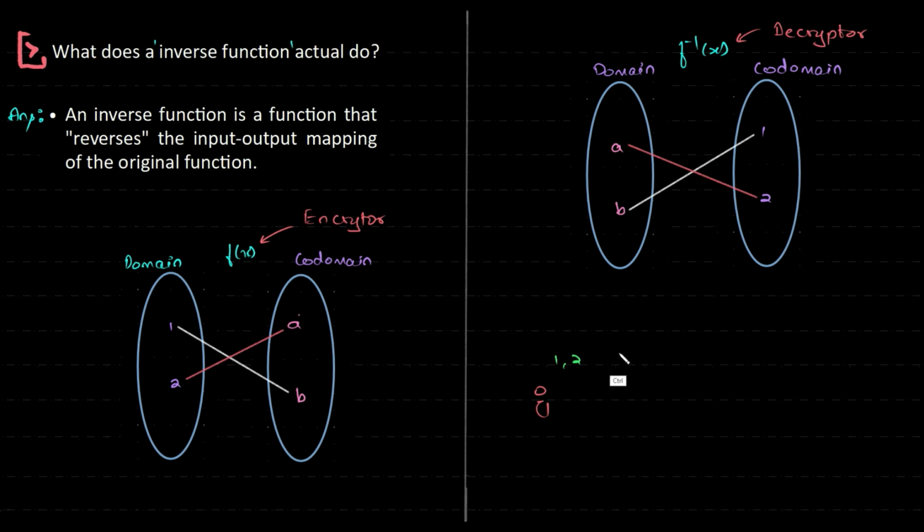The function f of x, the encryptor, will change 1 to b and 2 to a. So the message will be sent as b comma a. Now, the person at the receiving end will have f inverse of x, a decryptor, that will map b to 1 and a to 2.